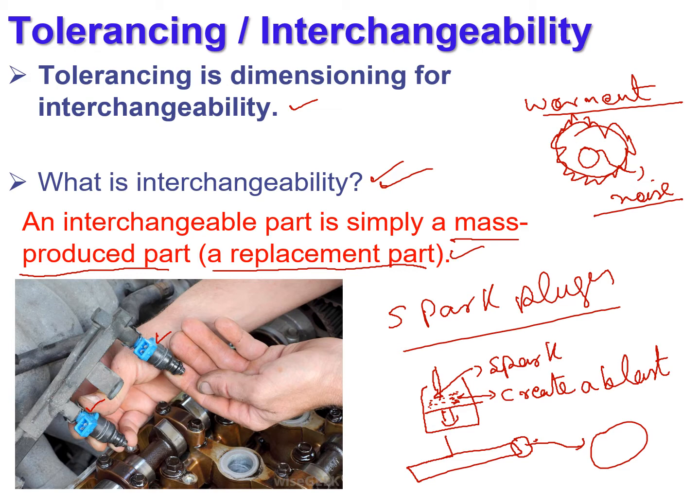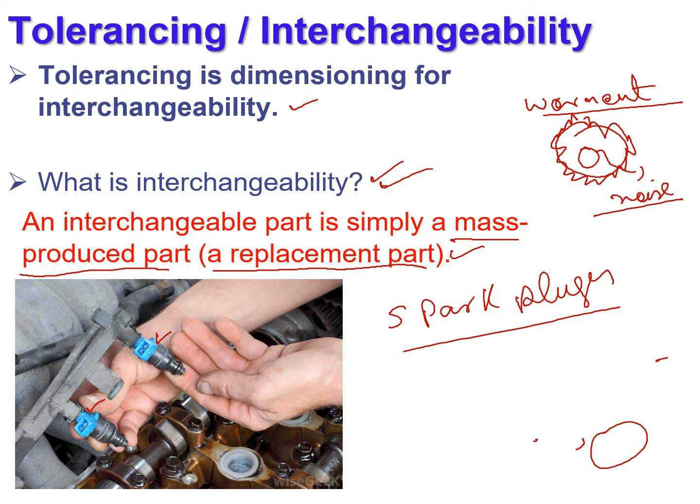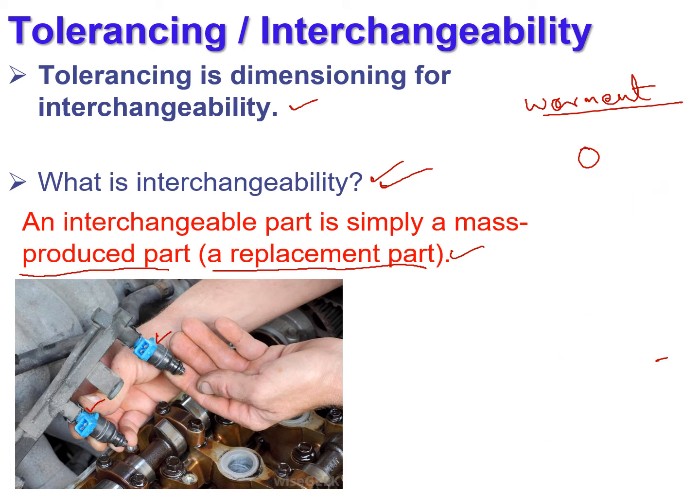A vehicle is a good example where you can find several examples of interchangeable parts, and how those parts can be replaced, and then the vehicle will function perfectly. So the tires, the bearings, the clutch plates, the spark plugs, these are some examples of interchangeable parts in a vehicle.